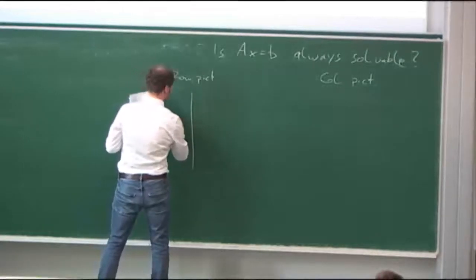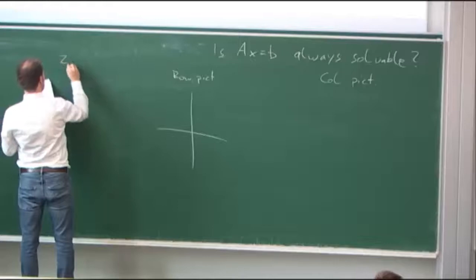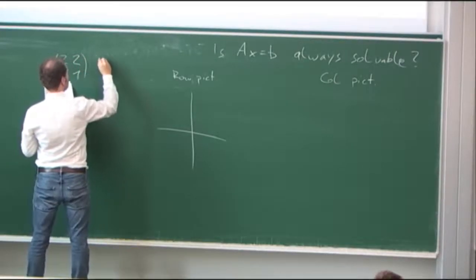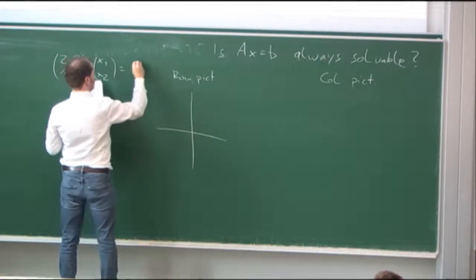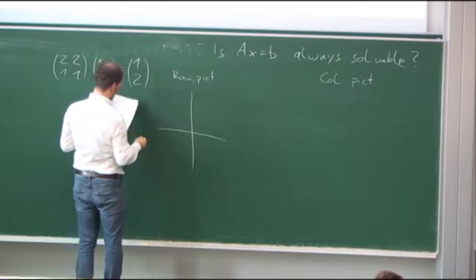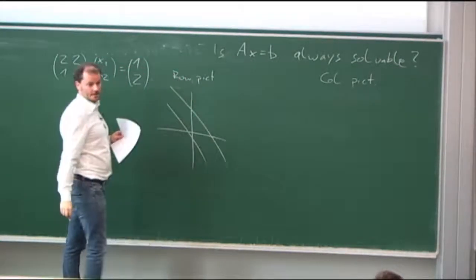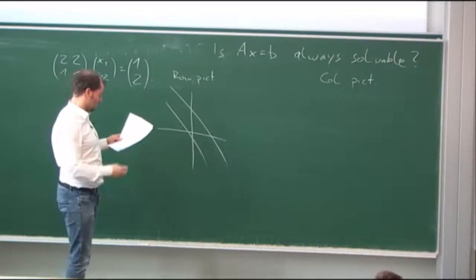So say we have a system of equations: 2, 1, 2, 1 times x1, x2 equals 1, 2. And this would lead to parallel lines, and these lines don't cross. So there's no solution.